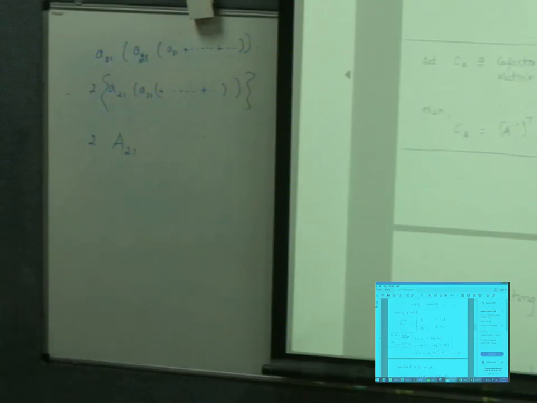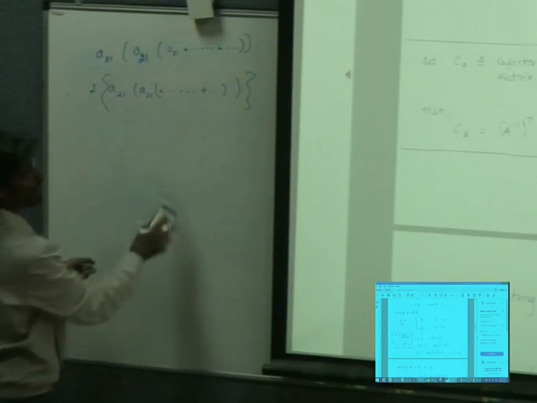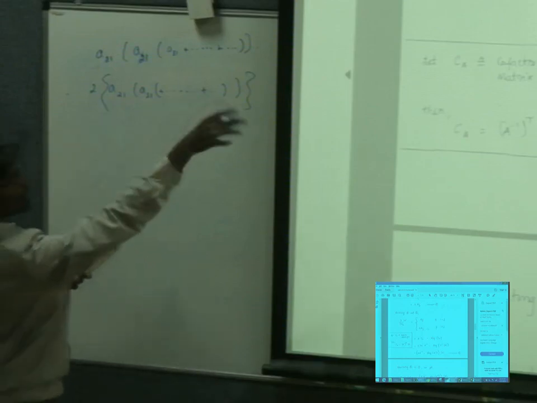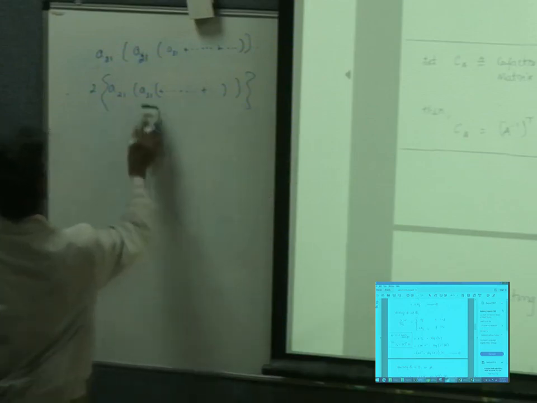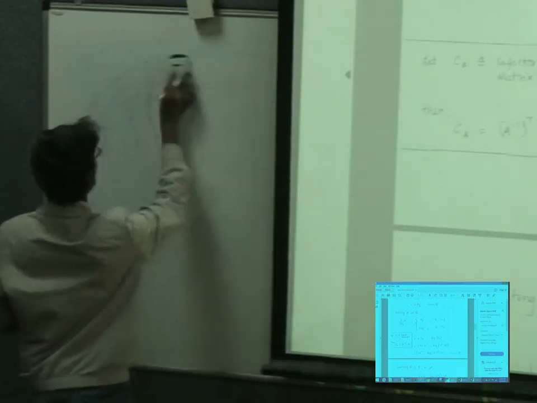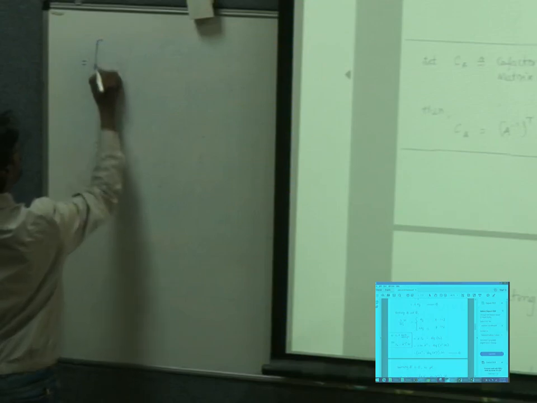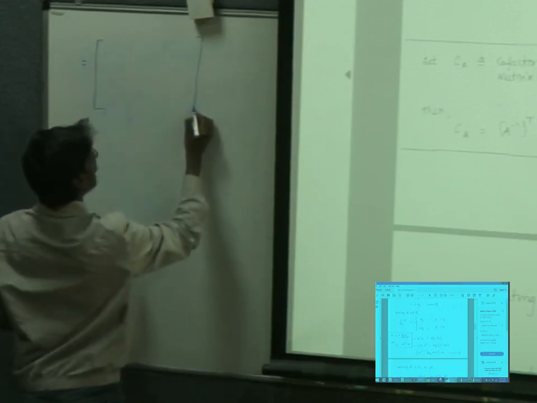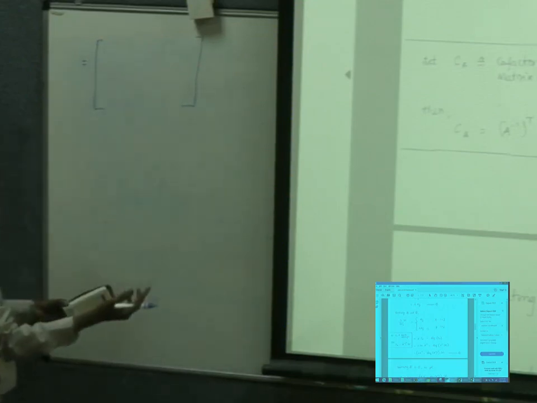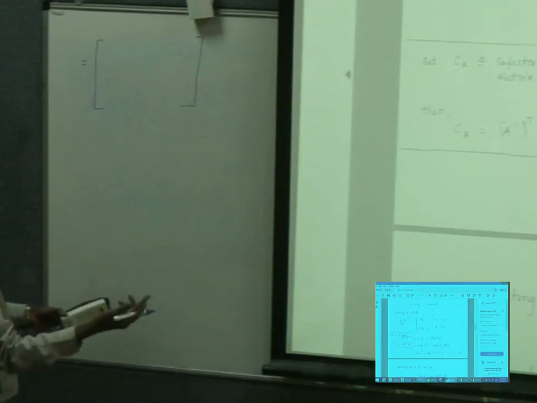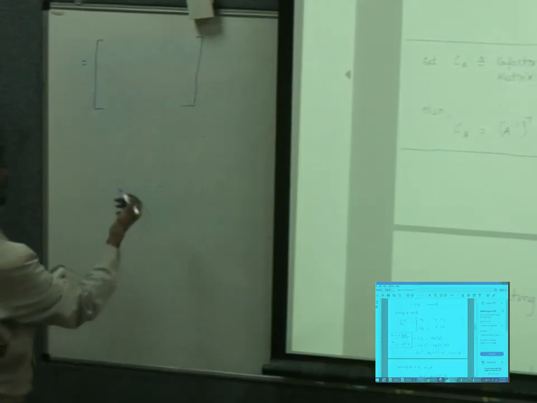So how do you write this in a matrix form? I have expressed it in an element-wise form, whatever the curly braces have. So in the off diagonal elements, I have 2 times the cofactor matrix.